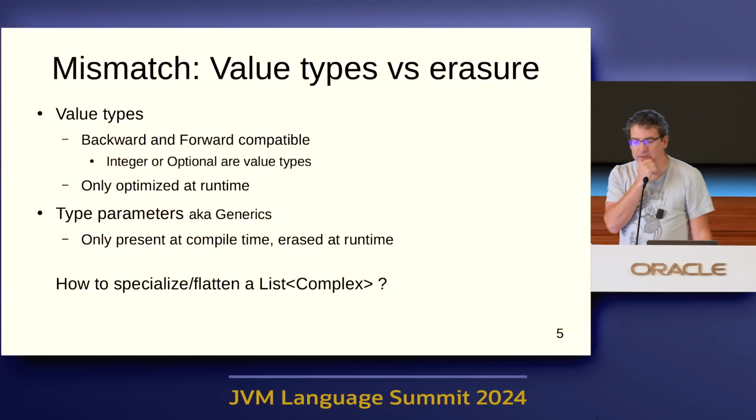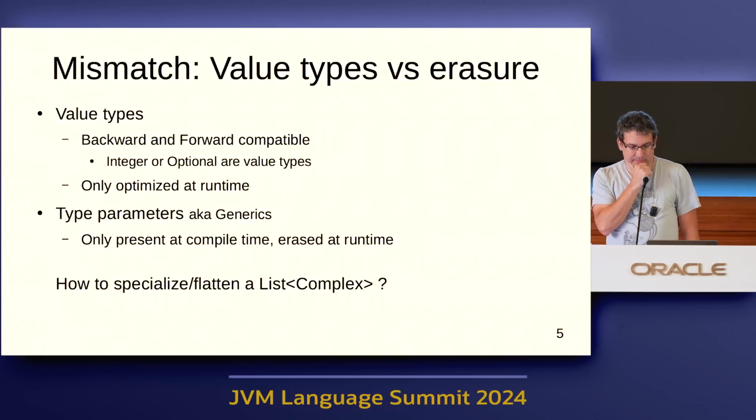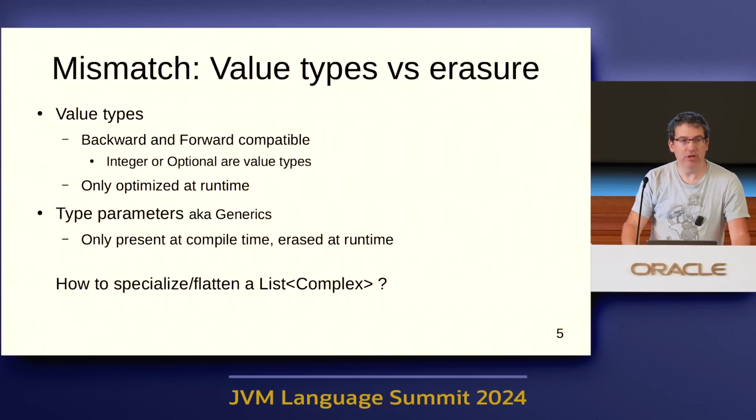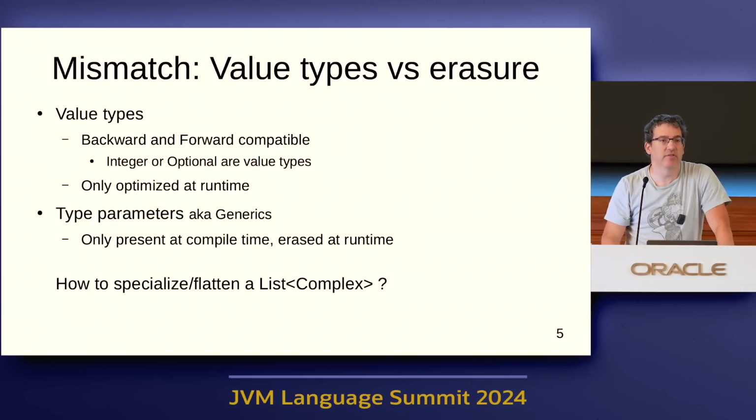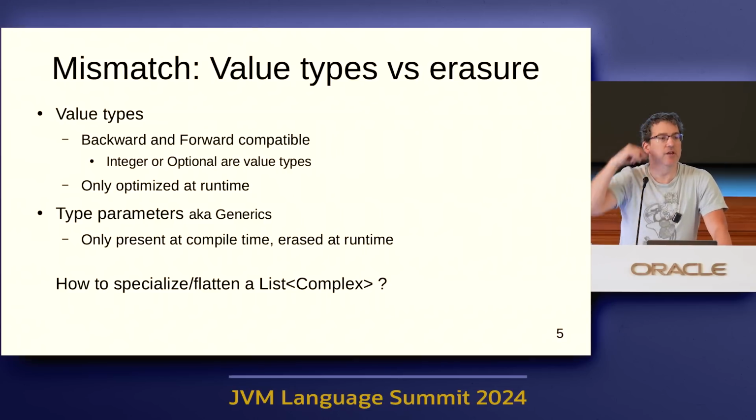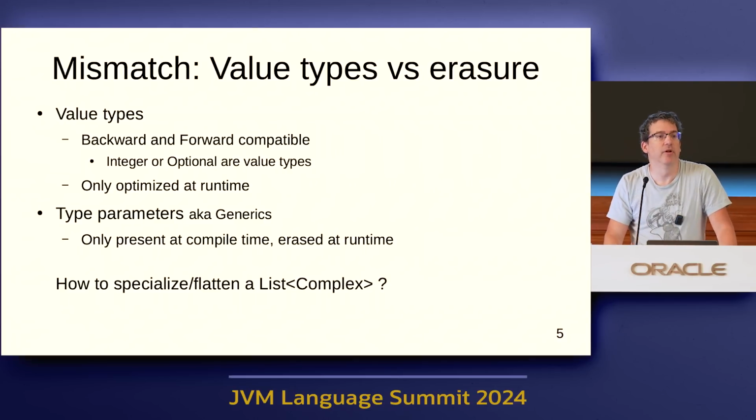With the early access build that was released last week, you can see that Optional is now a class with a value stuck in front of it, and it's backward compatible.